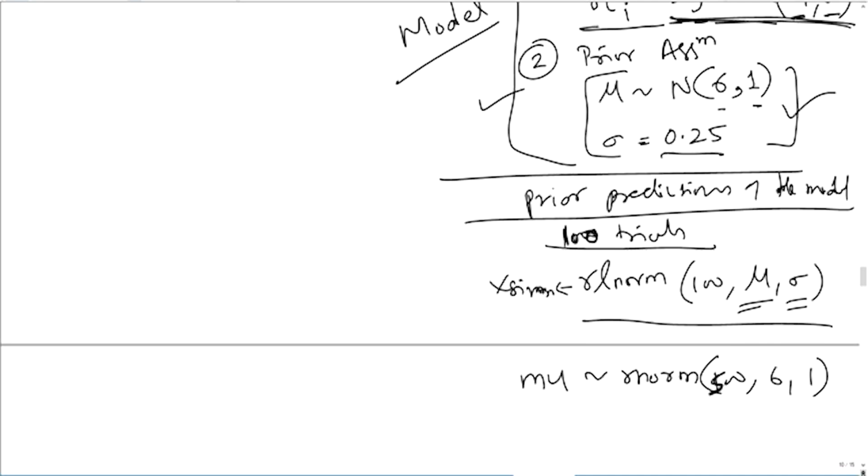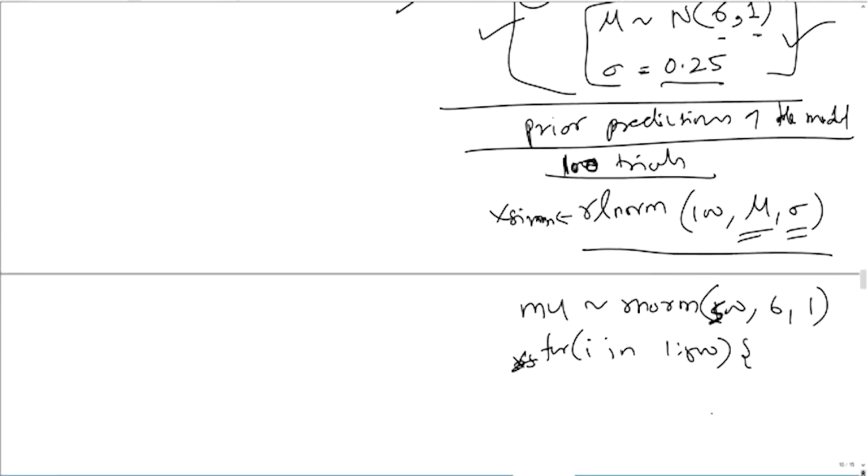Now corresponding to each sample of mu, you can generate a prior predictive sample. So let's say I iterate for i in 1 to 500, as many samples from the prior as you are collecting. This step is called drawing samples from the prior distribution of mu.